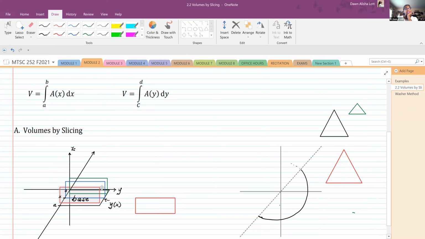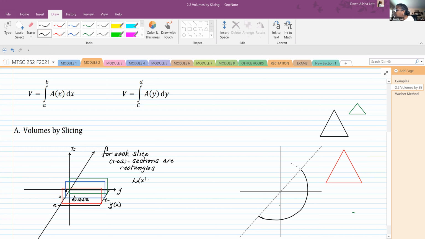So for each slice, the cross sections are rectangles. And I can see that the length of the base at any given x is y of x.